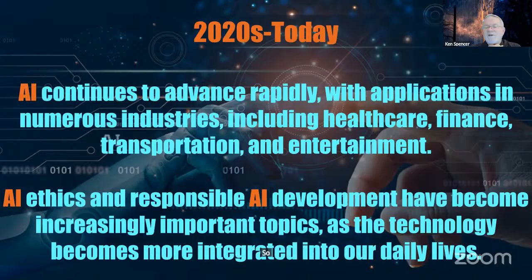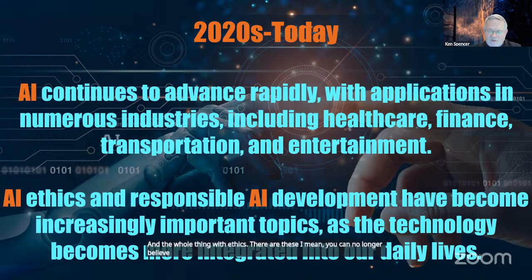So from the 20s to today, and believe me, AI is changing not monthly, but weekly. It's getting more powerful, and there's more ways to do it. It's incredible, it's encouraging, but it's also scary. And the whole thing with ethics. You can no longer believe what you see, even if it's videos.